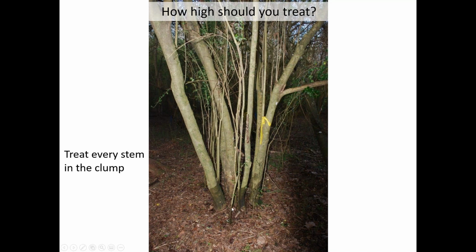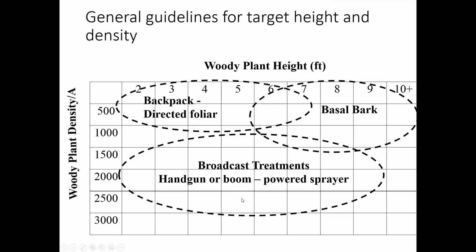They're going to naturally die because of good translocation. But unfortunately, we've just found that doesn't always occur. And the more prolific these root crown sprouting species are, the more important it is, I think, to treat all of those even smaller stems too.